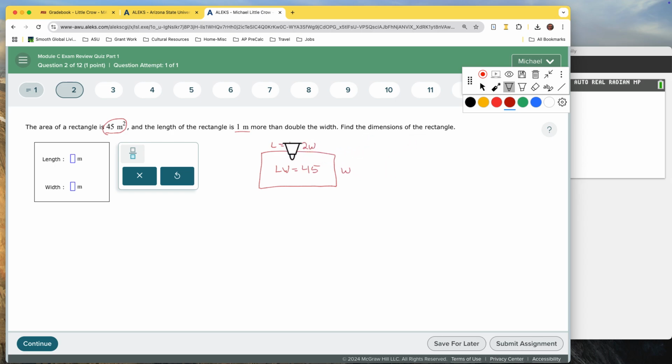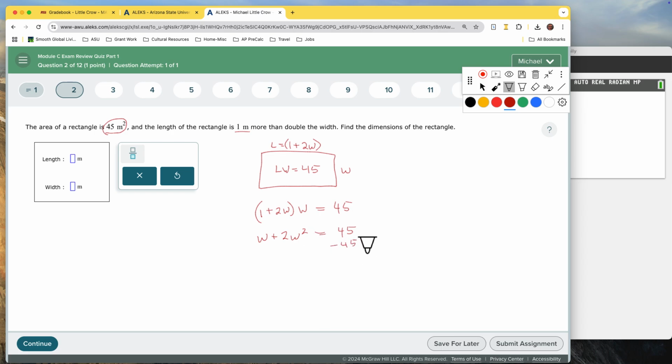So we can set up our equation, length times width. What we will use for the length is 1 plus 2w, times w, the width, is going to give us 45. So we distribute the w through, so we get w plus 2w squared equals 45.